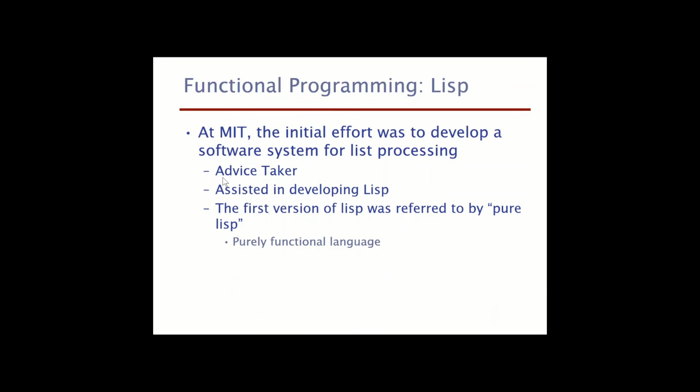The same team invented Advice Taker, a small piece of software to do symbolic computation, and they could succeed, but it was too small to program with. Well, it helped in developing what we know today as Lisp, the list processing language. Back then it was referred to as pure Lisp, a purely functional language. All right.